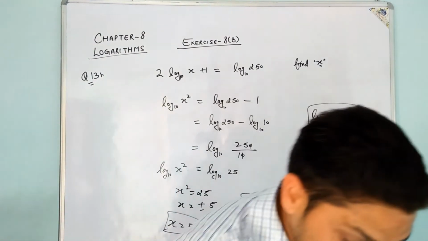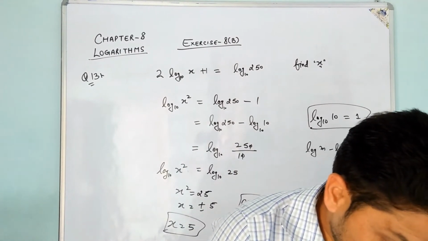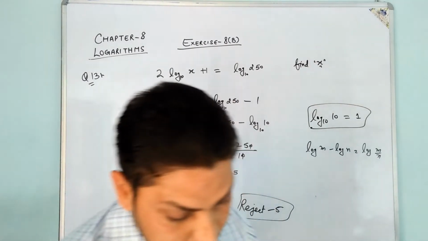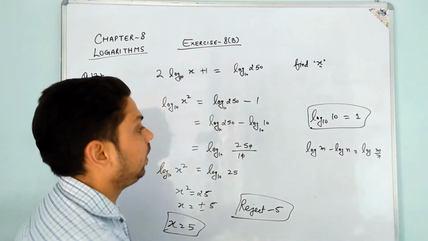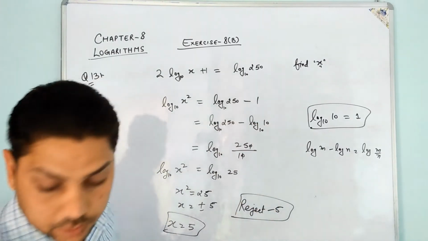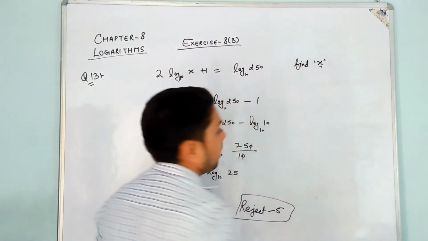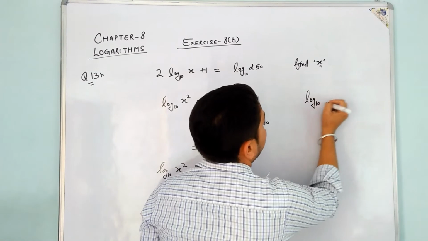Then we have the second part. We have to calculate log of 2x with base 10.